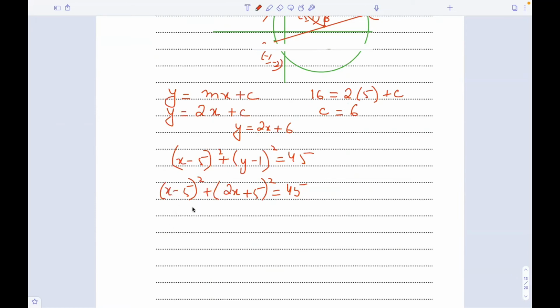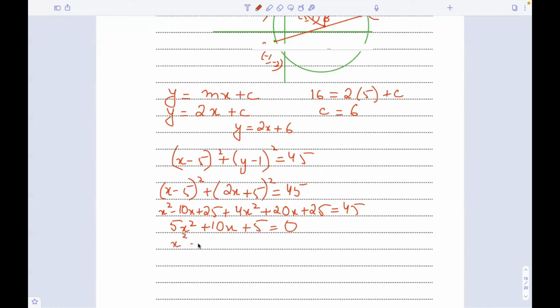Now expanding this equation, we get x squared minus 10x plus 25 plus 4x squared plus 20x plus 25 equals 45. Simplifying, we get 5x squared plus 10x, and 25 plus 25 is 50, 50 minus 45 is plus 5, equals 0.